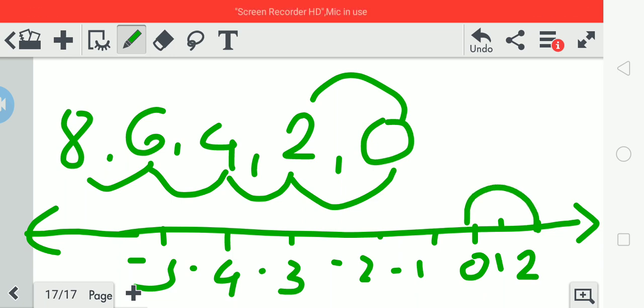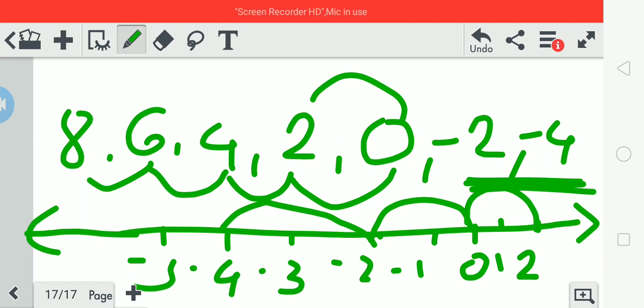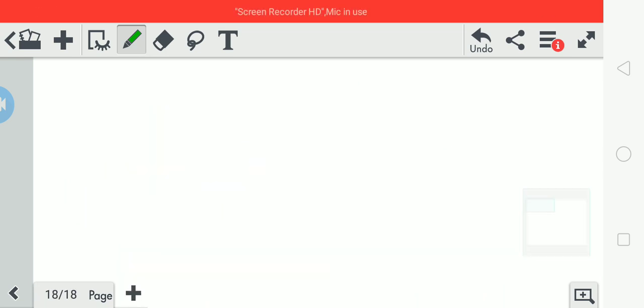Again a difference of 2, we will reach minus 2. Again a difference of 2, we will reach minus 4. You can observe here, after the 0 minus 2, minus 4 will come, after minus 4 minus 6, minus 8 will come, because it is a difference of two integers, right.